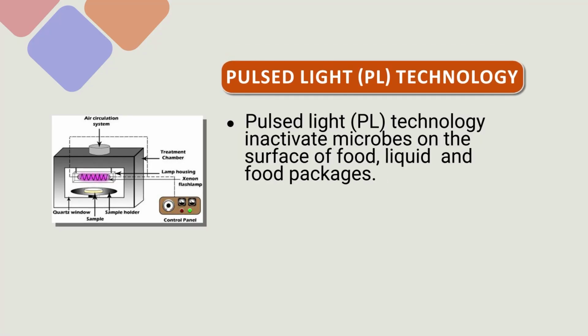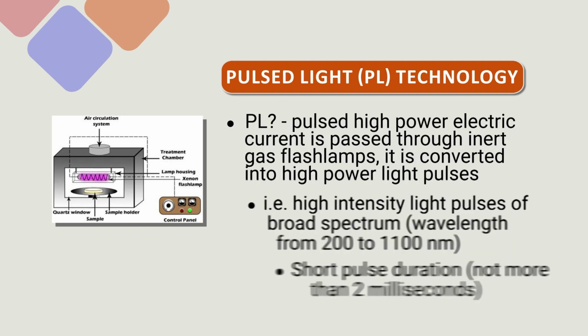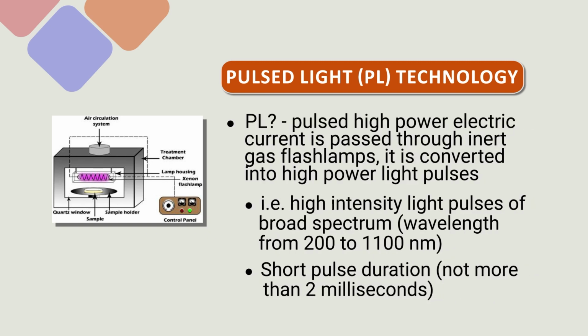What does pulsed light mean? It is a high power electric current passed through an inert gas, and in that it converts the current to high power light pulses. Pulsed light consists of high intensity light pulses, basically of broad spectrum, with a wavelength range of 200 to 1100 nanometer.